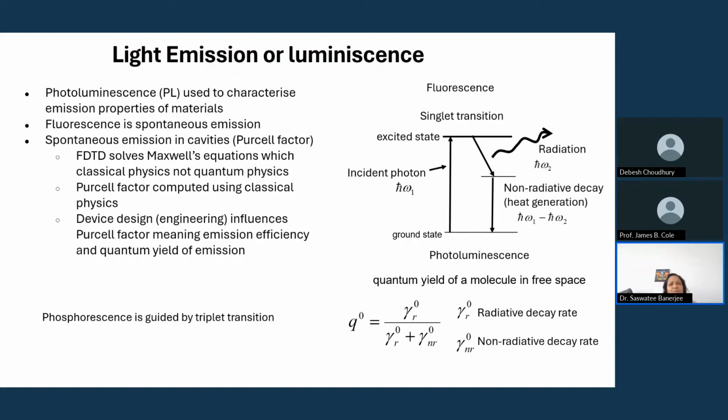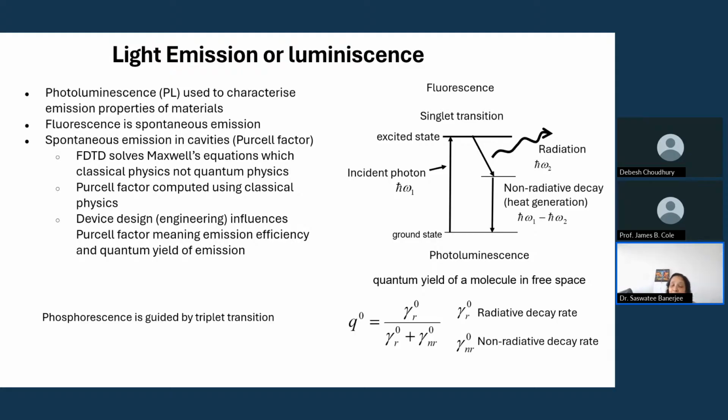So now I will go a little bit into luminescence, or light emission, basically. Here you see, if we just consider photoluminescence, just to be simple, this is a fluorescence or spontaneous emission method. On the right-hand side, what you can see are the energy transitions that guide this fluorescence phenomenon, called singlet transitions.